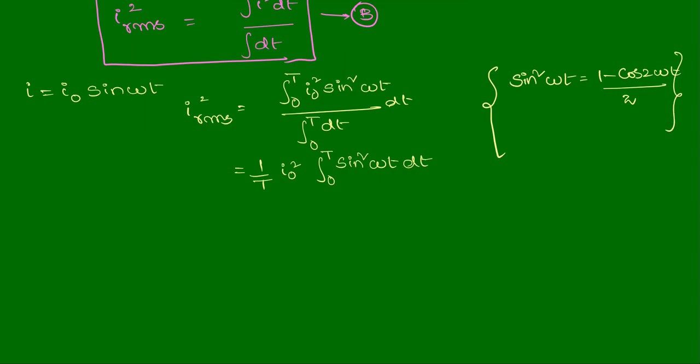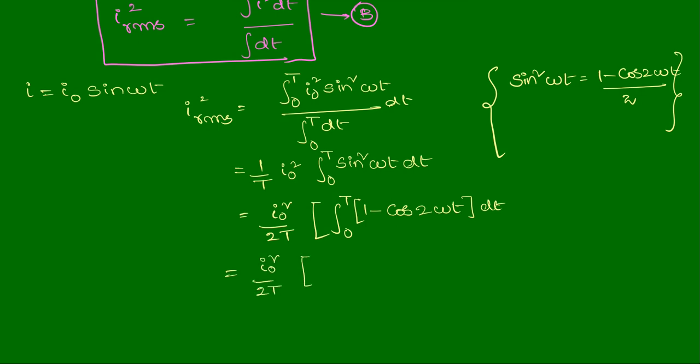If I substitute that value here, we'll have I naught square by 2T into the integration of 0 to T of 1 minus cos 2 omega t dt, or I naught square by 2T into the integration of 0 to T dt minus the integration of 0 to T cos 2 omega t dt.